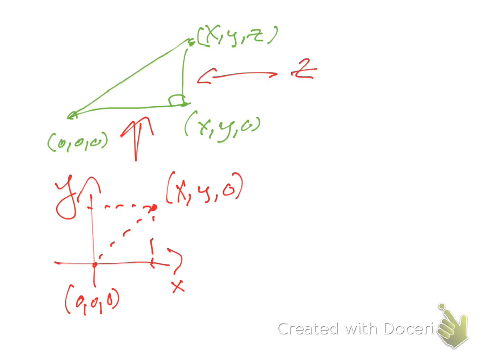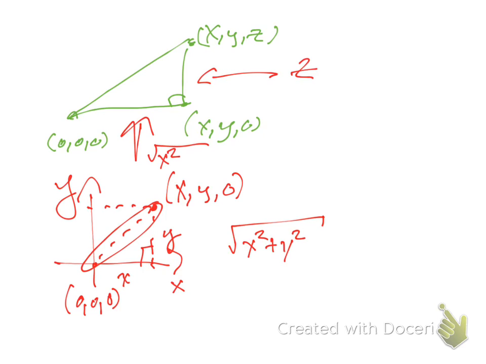We're talking about this distance there. So this line has length x, this line has length y. So how long is the hypotenuse? Well, the hypotenuse must have length square root of x squared plus y squared. So that means that this line up here has length square root of x squared plus y squared.